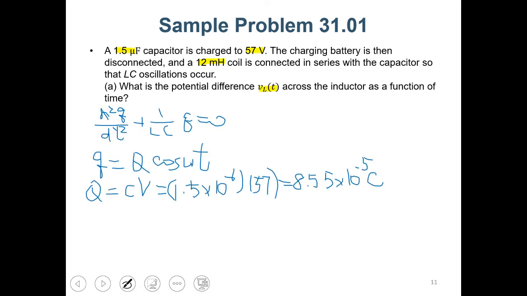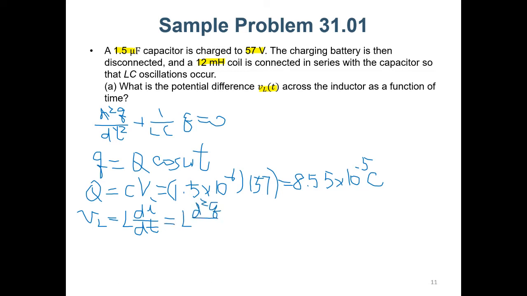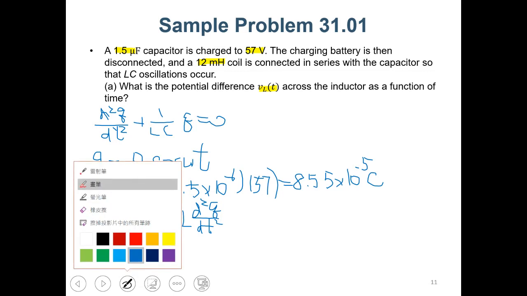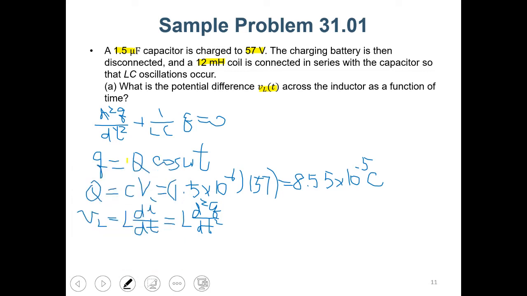Then we should know that V_L is L di/dt, which is L times the second derivative of Q with respect to time. So we can just substitute this into here.